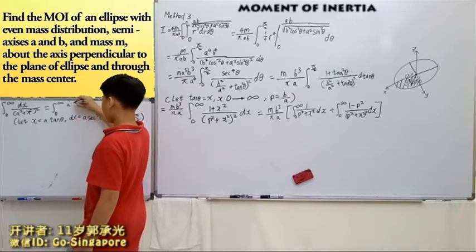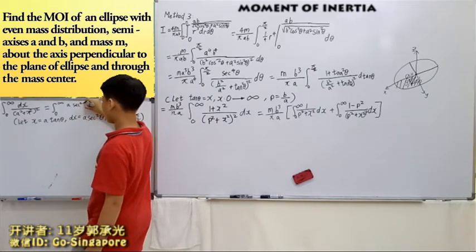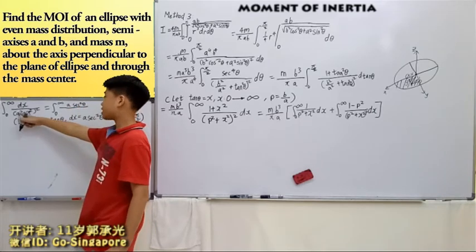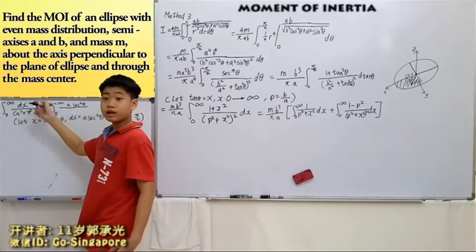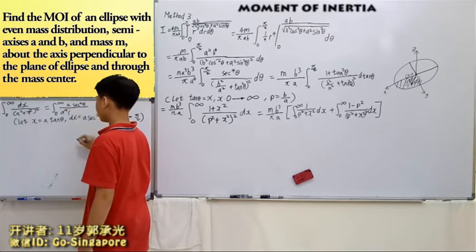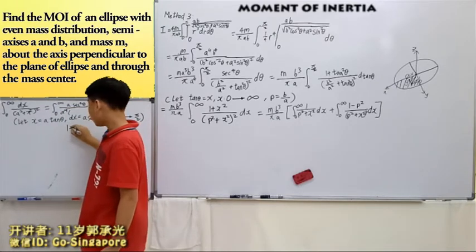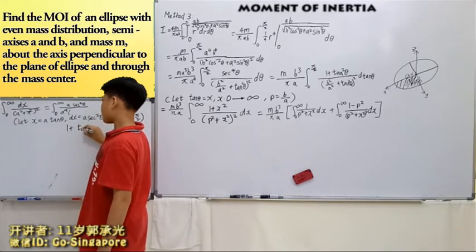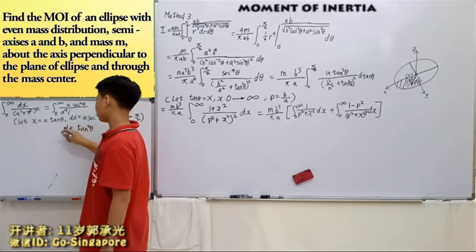That means A secant square theta is at the numerator. Then you have to over A square plus, wait, another A square. Take that out, A to the power of 4. But inside we'll have 1 plus tangent square theta.